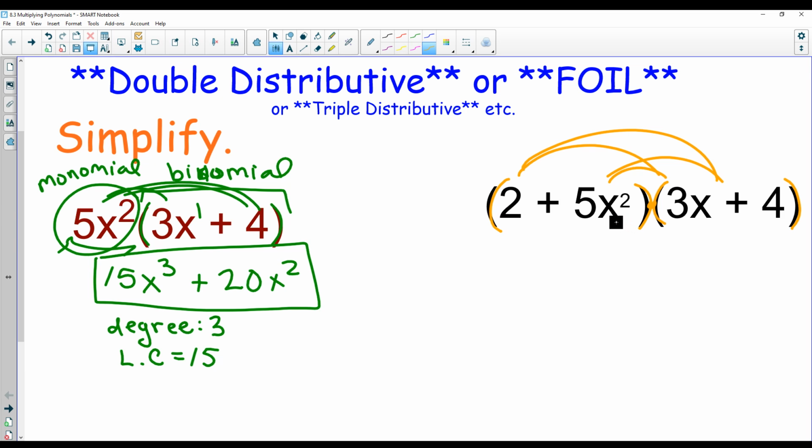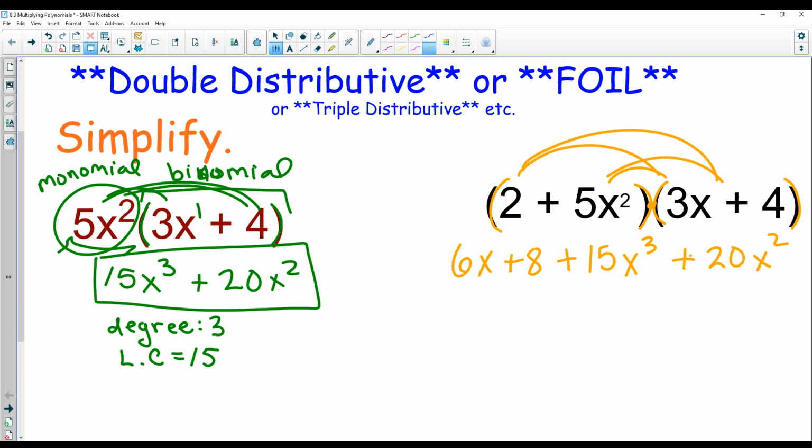If you notice, it's mostly the same here, but we've got the 2 in front. So 2 times the 3x is 6x. 2 times the 4 is 8. And then the 5x squared, that would be 15x cubed plus 20x squared, just like we got in the last problem.